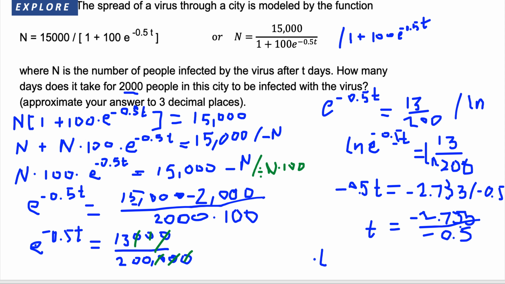And now finally we get how many days it takes for 2,000 people to be infected by the virus.